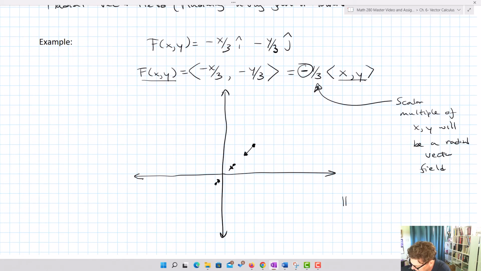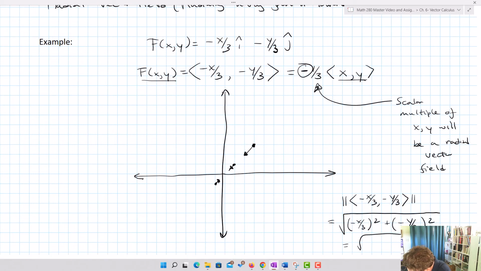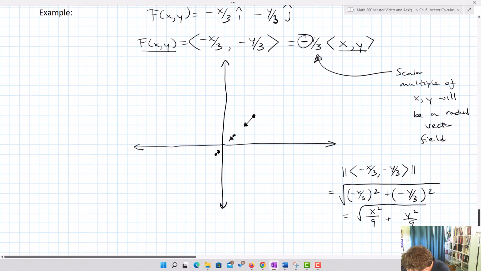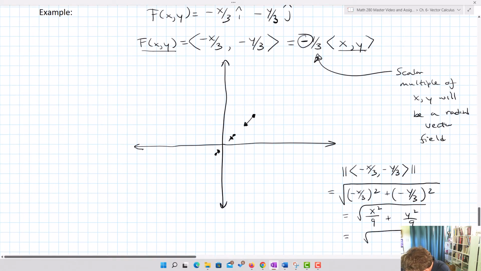The magnitude of our vectors, the magnitude of negative x over 3, negative y over 3, is going to equal the square root of negative x over 3 squared plus negative y over 3 squared, which gives me the square root of x squared over 9 plus y squared over 9, which equals the square root of x squared plus y squared, over 3.